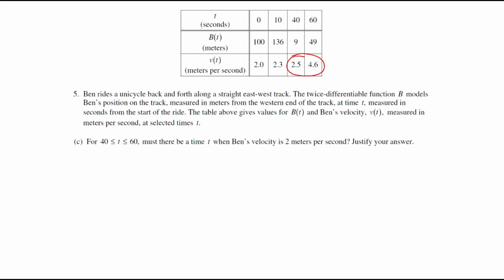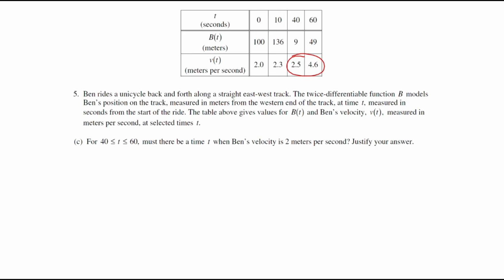That would be the intermediate value theorem. When we look at that, it looks like his velocity was always above 2 on that interval, just based on the data in the chart. But that doesn't guarantee that his velocity never dipped below 2.